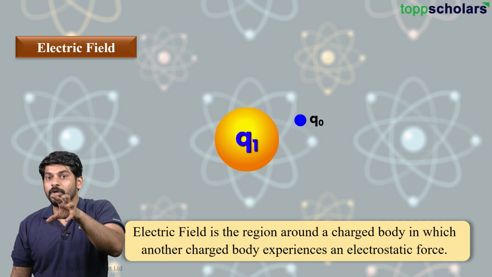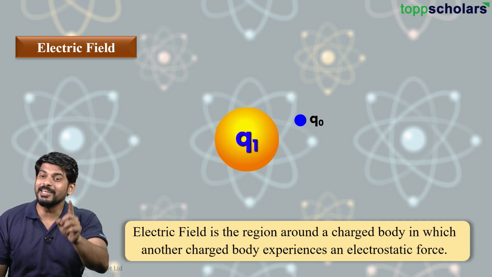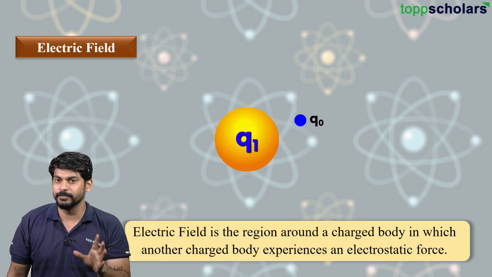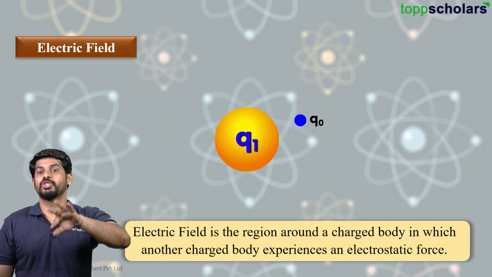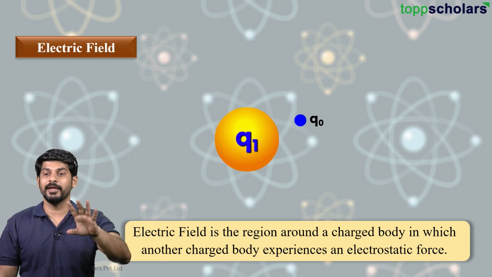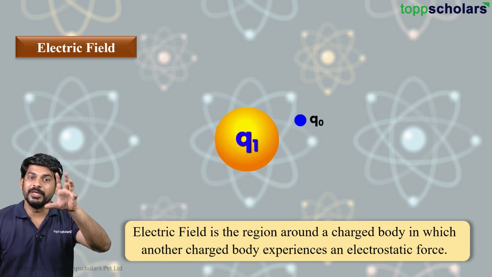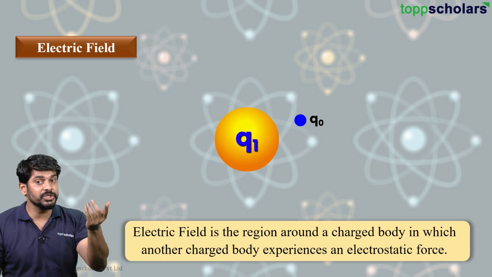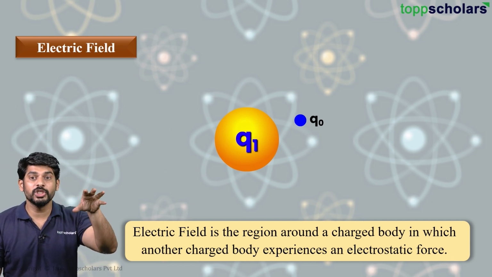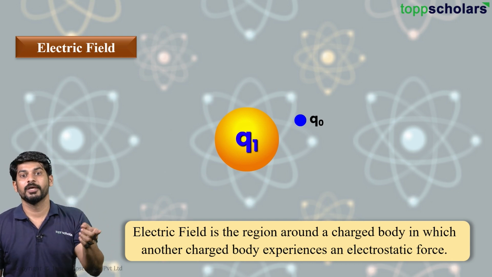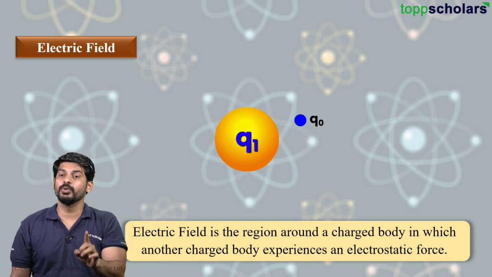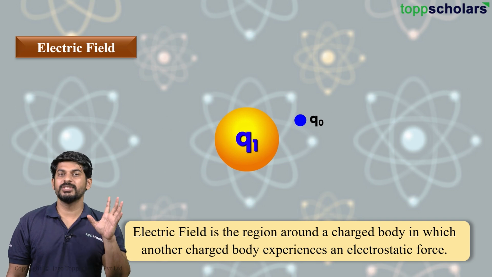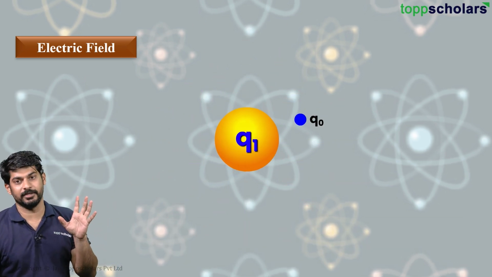When it comes in close vicinity of Q1, it is going to experience some force, maybe repulsive, maybe attractive, depending on the charge, whether it is positive or negative. So basically electric field is the region around a charged body in which another charged body experiences an electrostatic force. So this is a simple definition of electric field, isn't it?